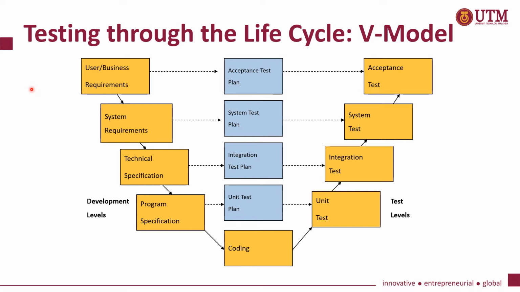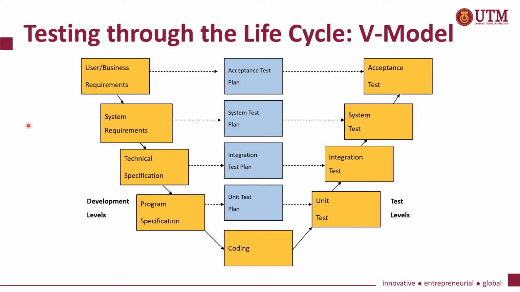The V model is defined as a System Development Lifecycle model or SDLC model, where execution of processes happens in a sequential manner in a V shape. Second point, the V model is also known as the verification and validation model.